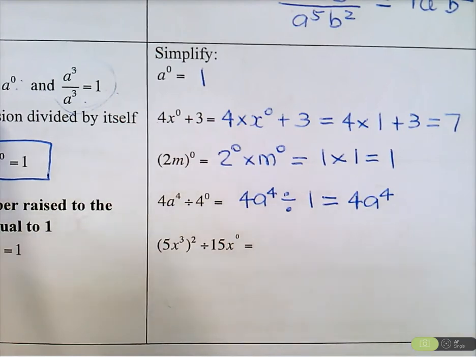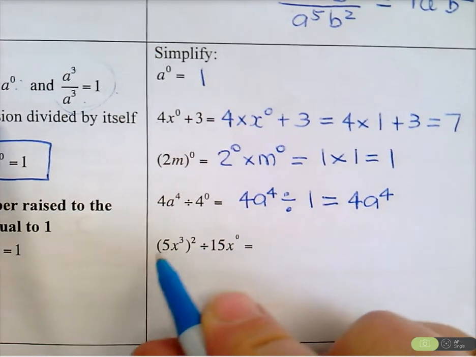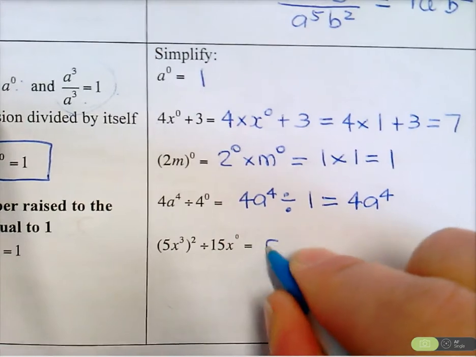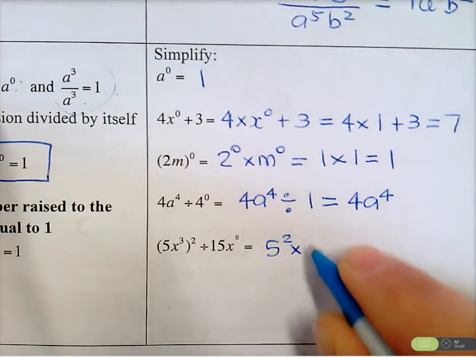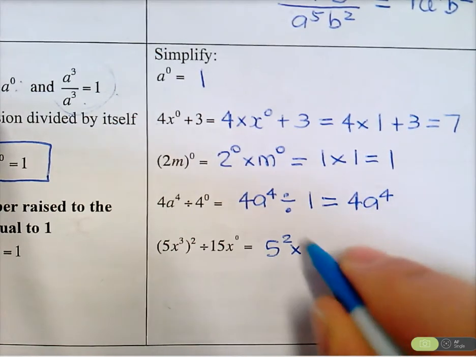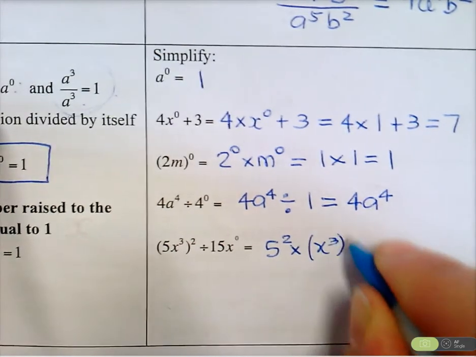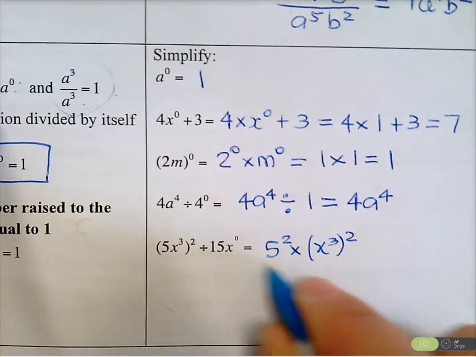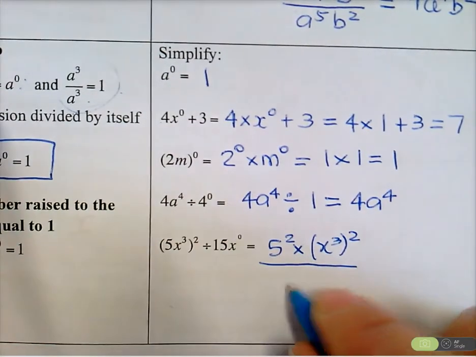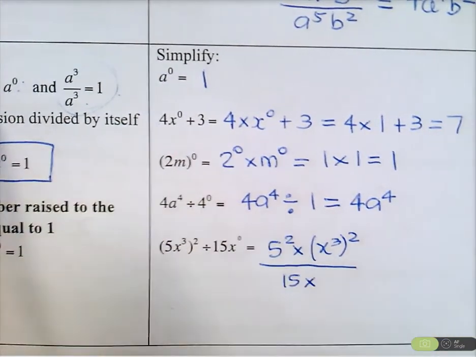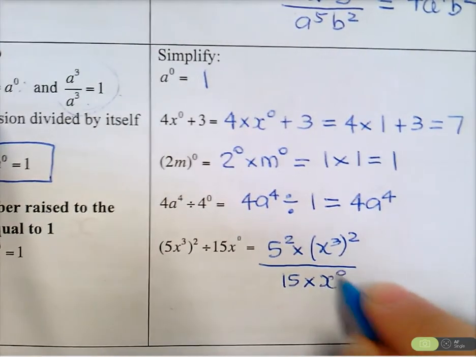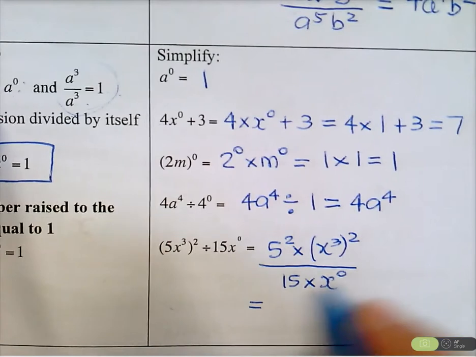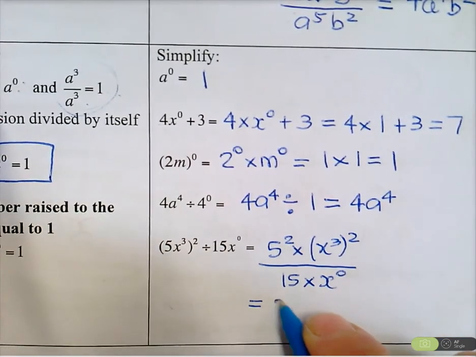And the last one, girls, what happens with the 5? 5 squared times x cubed, all squared, divided by, can I put a divide line? 15 times x to the 0, which is 1. Yep. So what have we got? What's 5 squared?